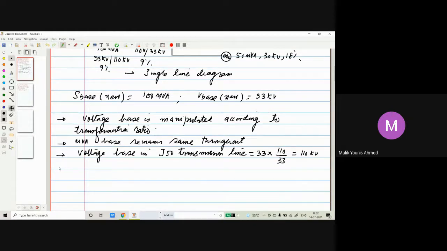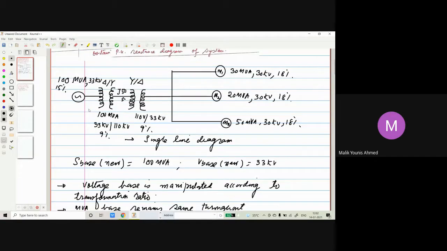Similarly, we have to find the voltage base in the three motors. Up to here, I will put it in red, the voltage base is 33 kV, which was already given. Up to this transmission line, the voltage base we have just got is 110 kV. From here onwards there is a transformer, so we have to find this voltage base.